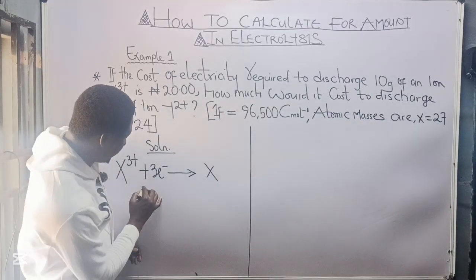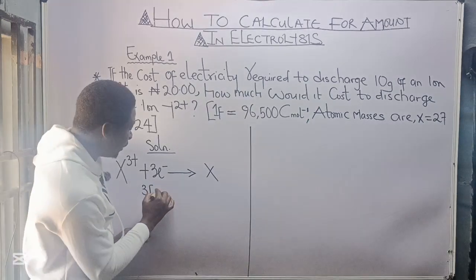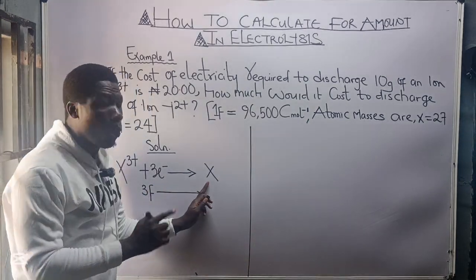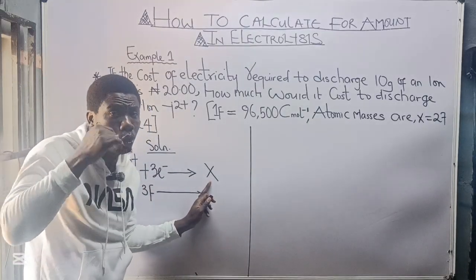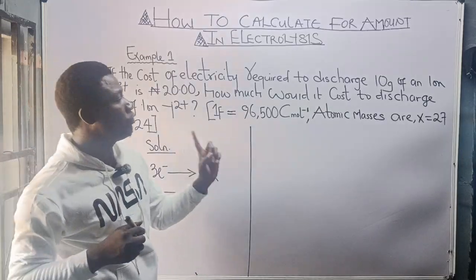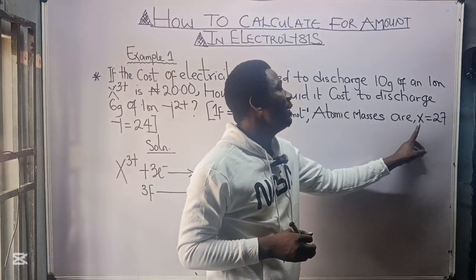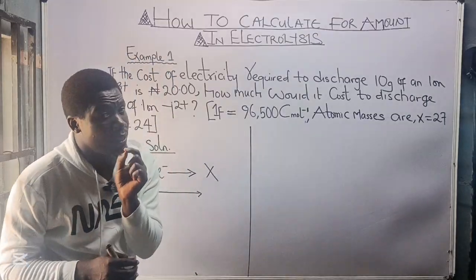Watch me carefully. This 3 Faraday that you see here is what gives us 1 mole of this substance, which is X. And 1 mole of a substance is equal to the atomic mass of that substance. They say the atomic masses are X is 27, while that of Y is 24.